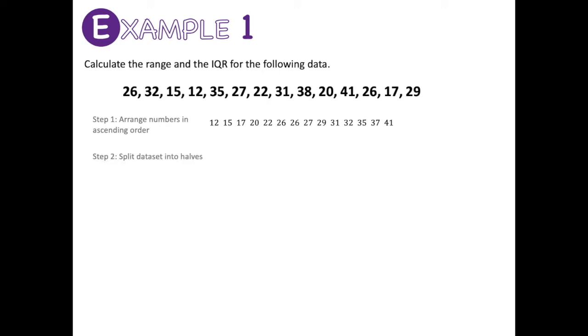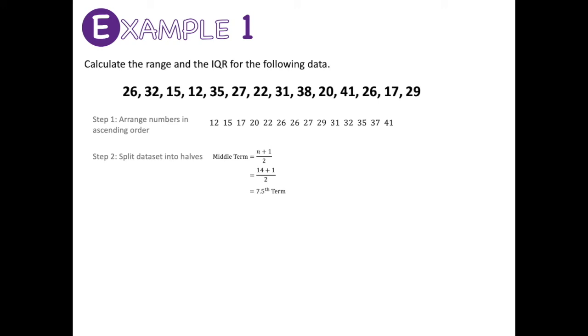Now I've got to split my data set into two halves. The easiest way to split the data set into two halves is to calculate the middle term, or the median term. All up in my data set, I have 14 numbers. So 14 plus 1 is 15, and 15 divided by 2 is 7.5.